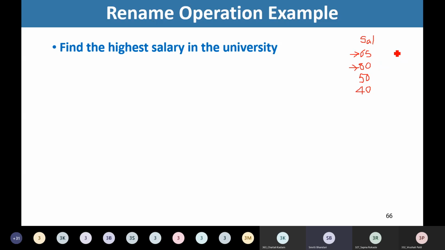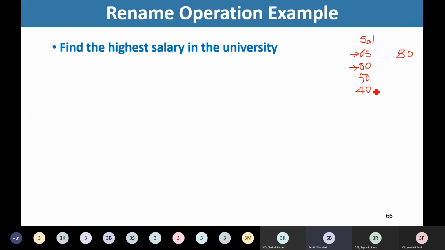So if I have something like 65 as one attribute and, say, 80 as another attribute, then it is possible for me to compare these two values because they lie in the same tuple, right? But if I have these two tuples, then it is not possible for me to compare these values. Those belong to two separate tuples.